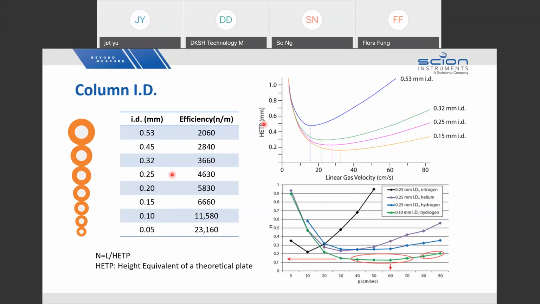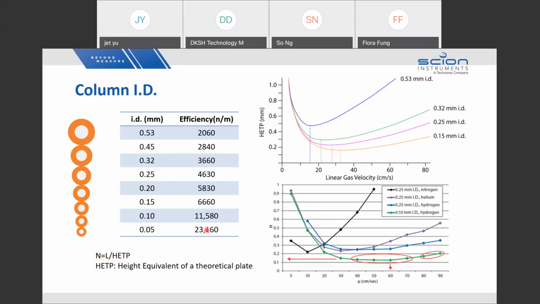Okay. So also look at the two photos on the right. The first one is HETP. HETP stands for height equivalent of a theoretical plate. For this number, the lower the better. Look at the formula: this is the plate number, this is the column length, and this is the HETP.